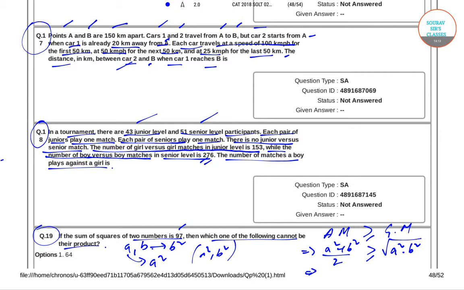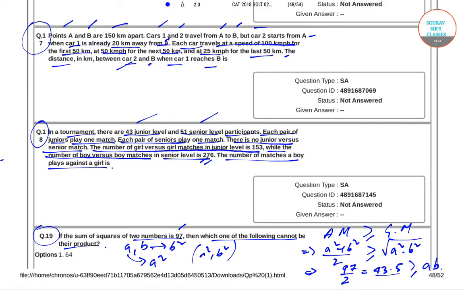Now it has been already given that the sum of the squares of these two numbers is basically equal to 97, and this divided by 2 is equal to 48.5, and which will be greater than or equal to the product of the two numbers ab. So the product of the two numbers must be less than or equal to 48.5.